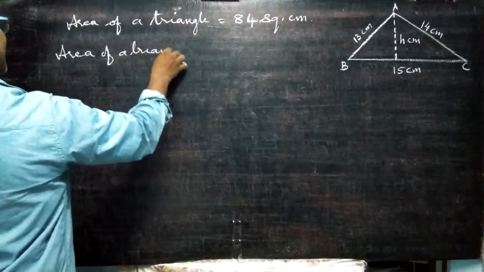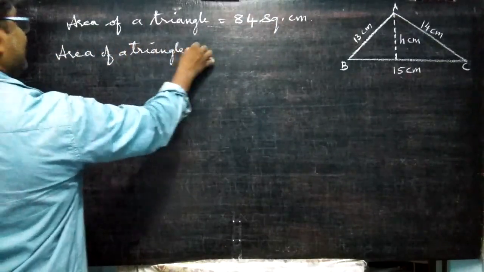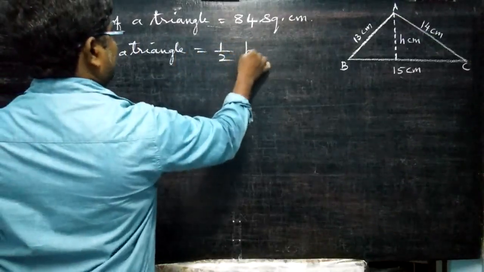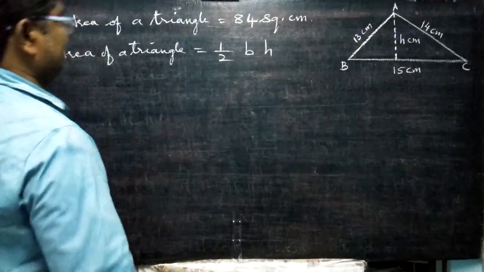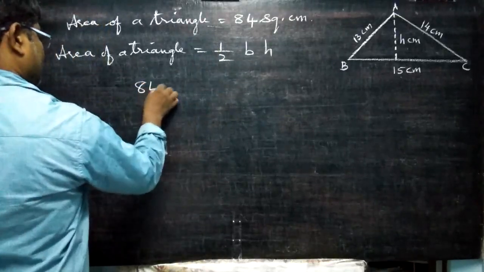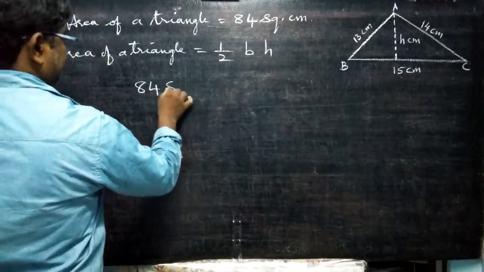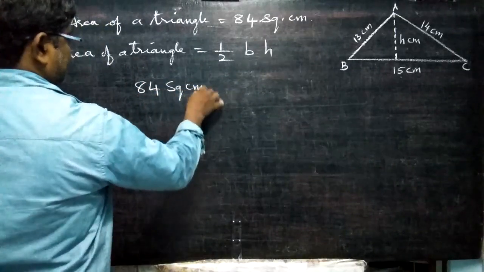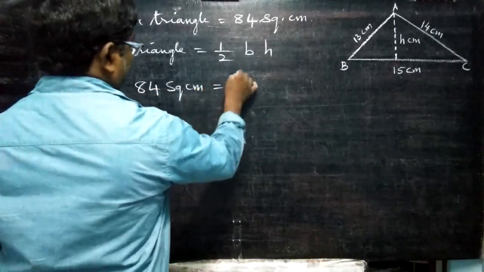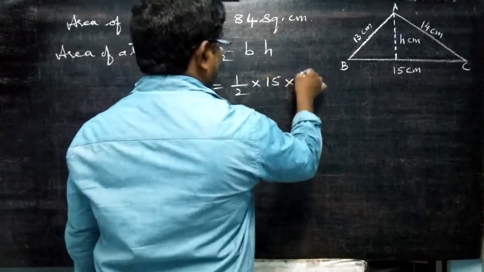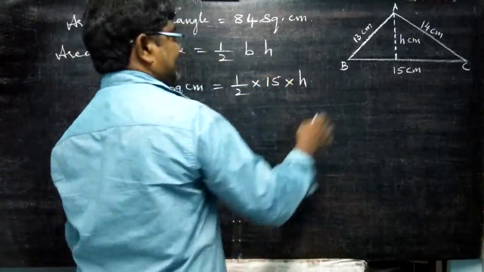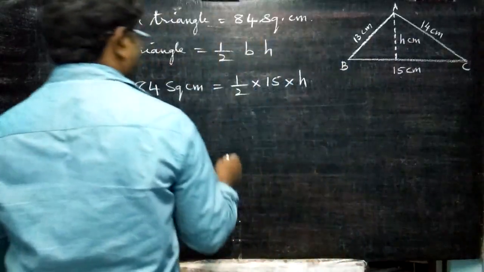Area is the same. Area of a triangle formula we know: half base into height, or the corresponding height. Now we know 84 square centimeters is equal to 1 by 2 into base 15, into height, which we don't know. Able to follow?